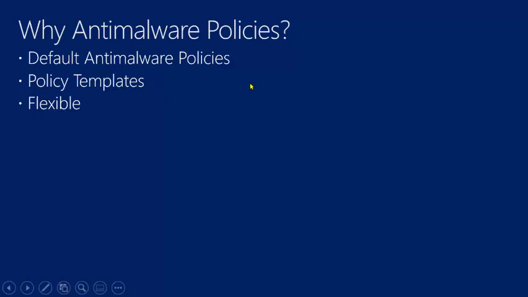So why do we care about anti-malware policies? Well, one reason is because these are the policies that will go out to your devices that are being managed with endpoint protection. And there is the concept of a default anti-malware policy, right?